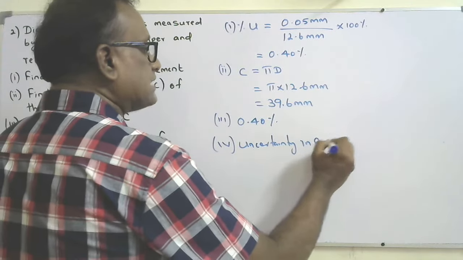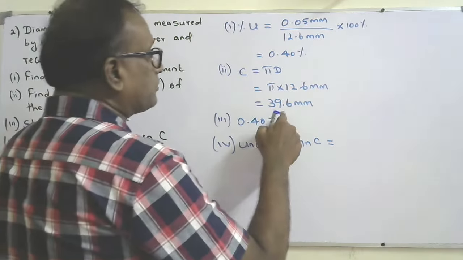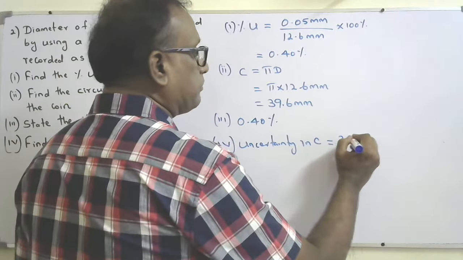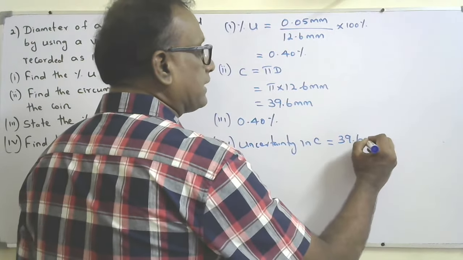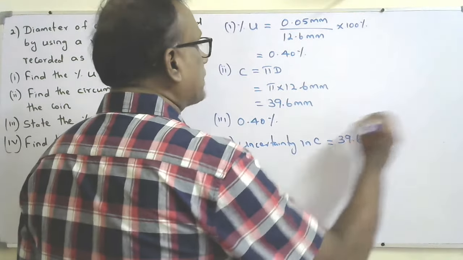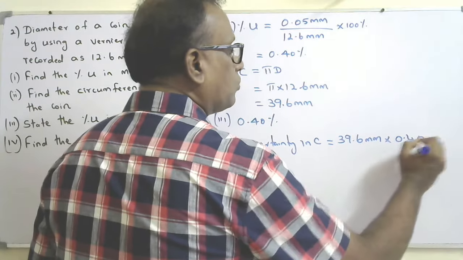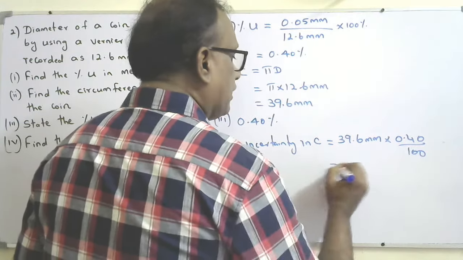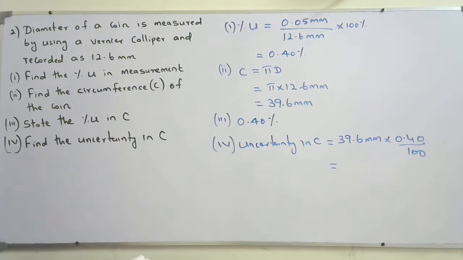Uncertainty in C is equal to the value of the circumference, 39.6 millimeter, into the percentage uncertainty 0.40 over 100. You will get a value that is equal to 0.16 millimeter.